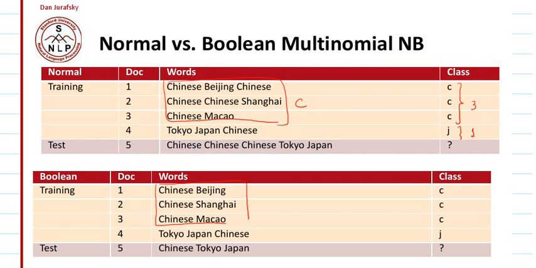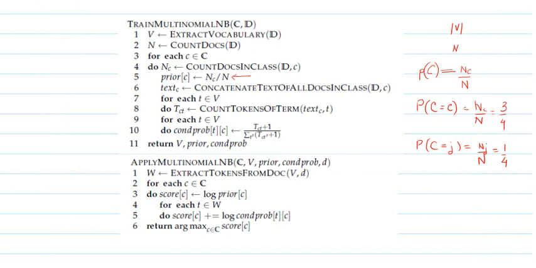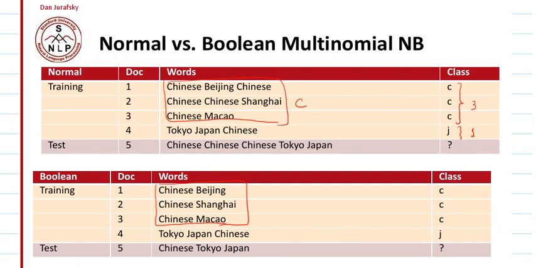Each of these Chinese counts is now reduced to 1, and the Beijing is already 1. Similarly in the second document the Chinese count is reduced to 1, and the third one does not change. So in this way we collect this piece of text for the class C and this piece of text for class J for calculating the class conditional probabilities. We all know that while calculating the conditional probability, we just look at that particular portion of the class on which we condition it.